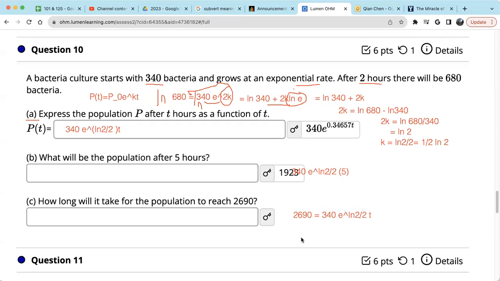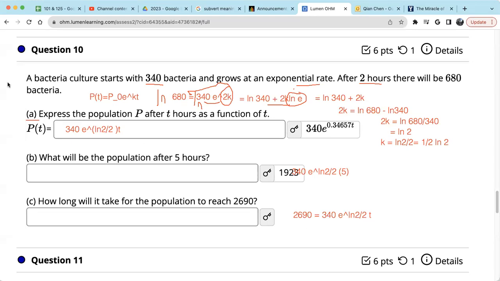We need to find the time t. First we divide by 340 on both sides. Then we have e to the ln 2 over 2 times t. Remember, e to the ln of something just equals the value of it. The half we can move to be the exponent of 2, that's square root of 2.